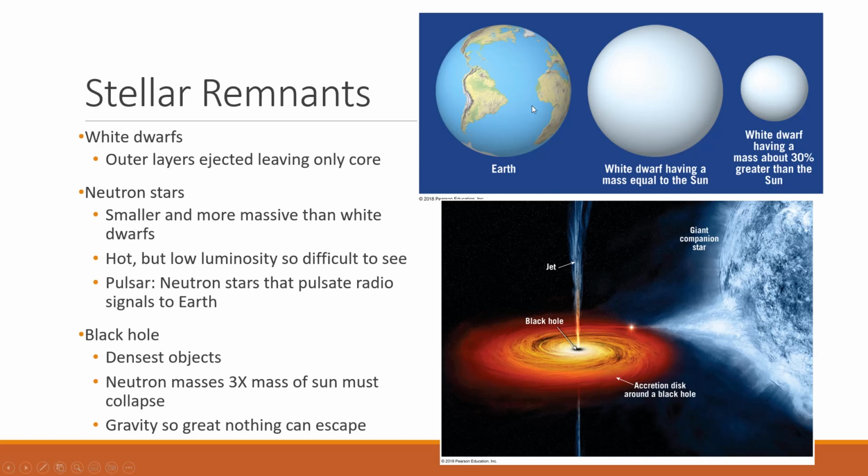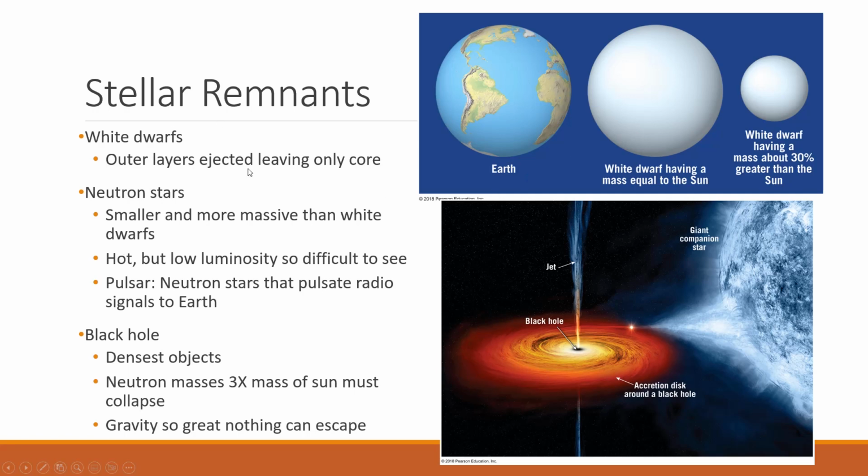Here we are looking at an example of a white dwarf that would have a mass equal to our sun. It would be about the size of our Earth, so you can imagine just how dense this is. This next one over is a white dwarf that has 30% more mass than our sun, and it's much smaller than the Earth. So the more mass they have, the smaller they get, so the more dense they get.